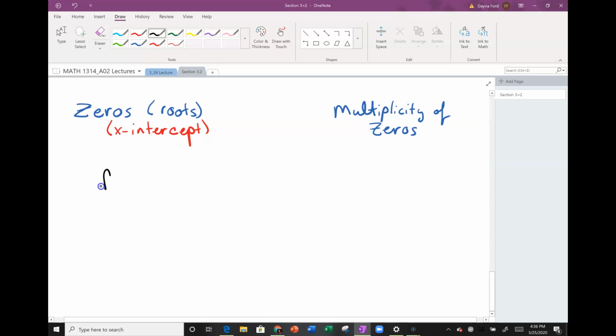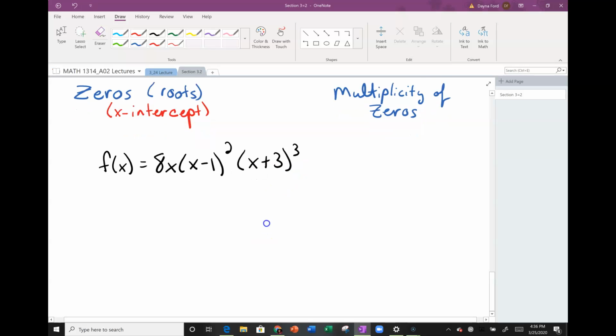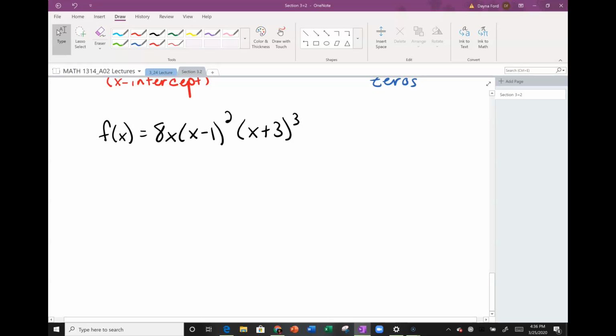If I look at f of x is equal to 8x times (x minus 1) to the second power times (x plus 3) to the third power, this is already in factored format. So one thing that I can identify is my degree, and I can also identify the sign of my leading coefficient.